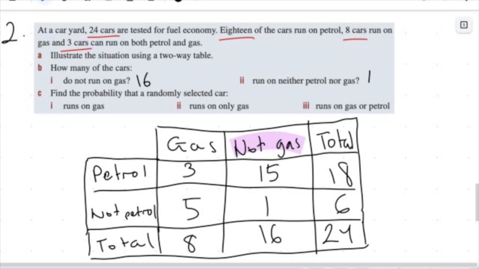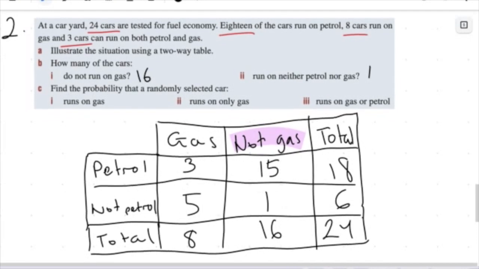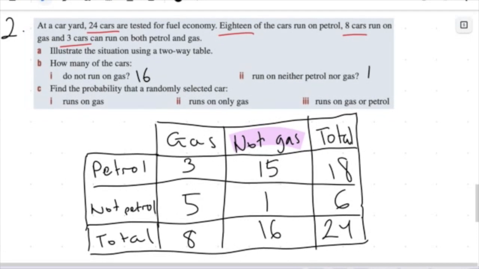And now to find the probabilities, we're considering the probability of selecting a random car that runs on gas. So for the amount that runs on gas, we take into account the total amount of cars that run on gas. So that's including both here, the ones that run on both gas and petrol, and the ones that run on gas but not petrol.